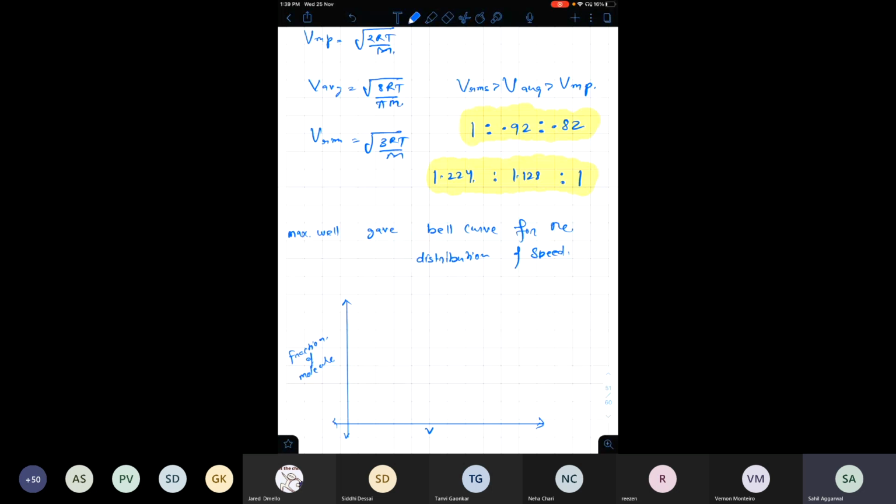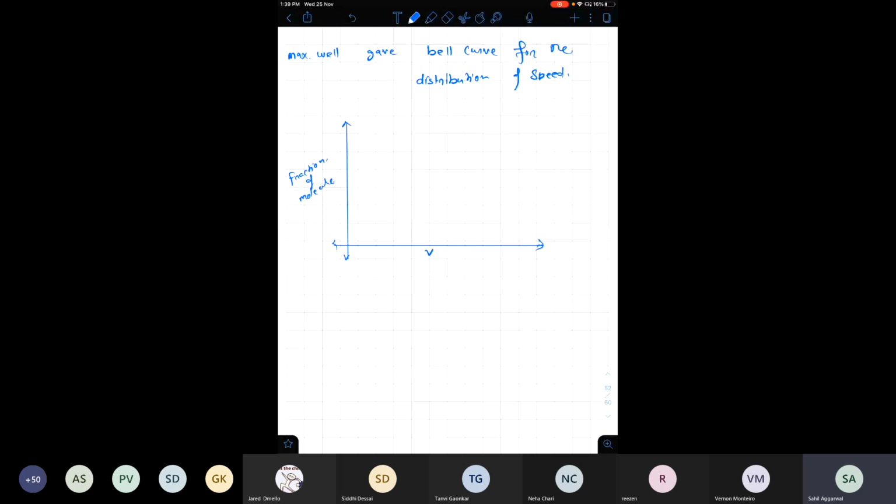Actually, this is V plus del V, change in velocity. But for simplicity, we'll keep this only. So maximum number of molecules is this, and these molecules have this much of velocity. Maximum number of molecules have this velocity.